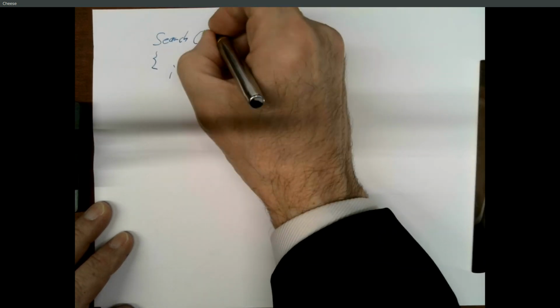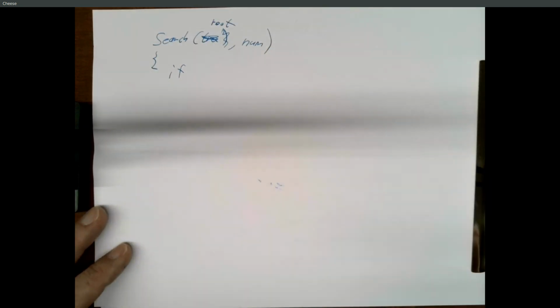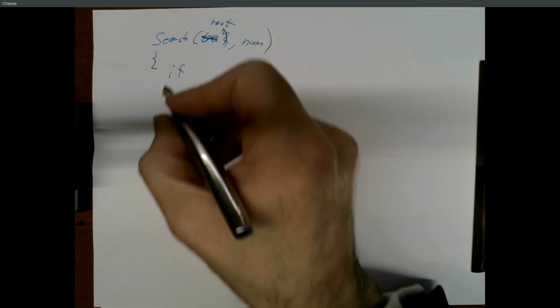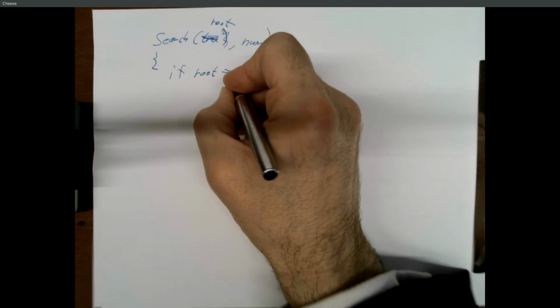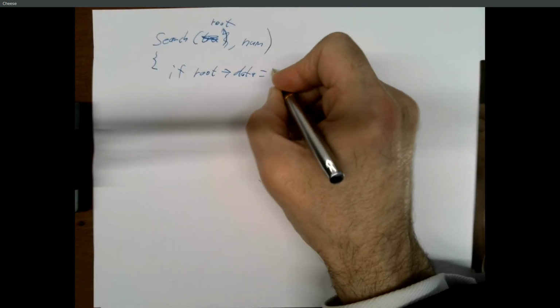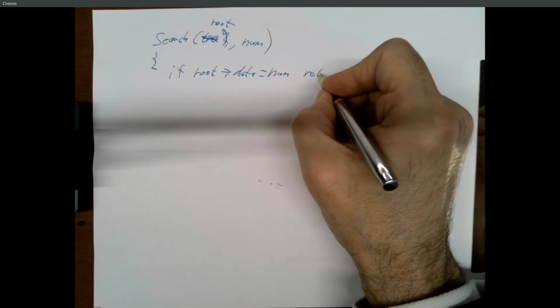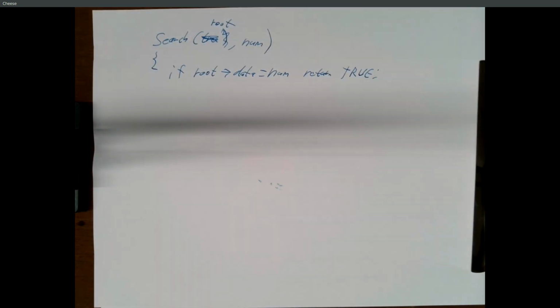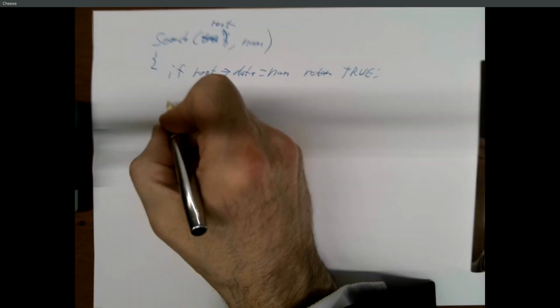So let me call this root. So we'll write a function for searching. We'll pass it the root of the tree, and we'll pass it a number we're looking for. If root arrow data equals num, return true. This is pseudocode. If it's not equal to root, we could check the left subtree.